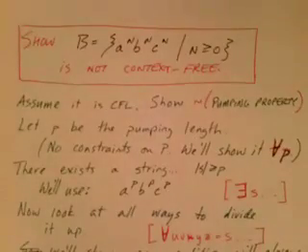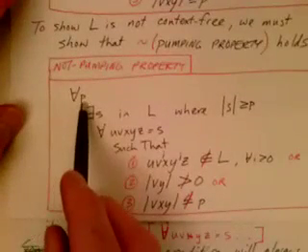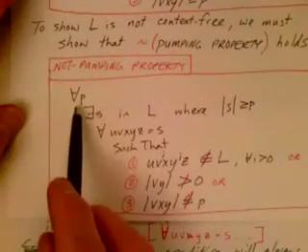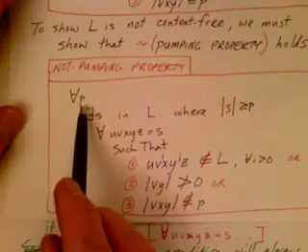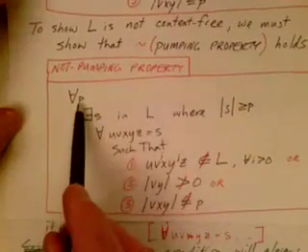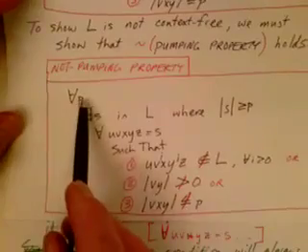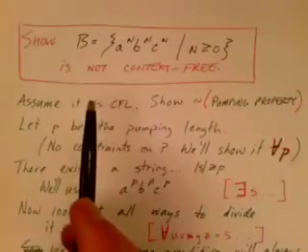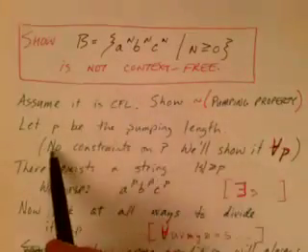So, going back to our logic, to show the pumping property doesn't hold, we say for all P. Okay, we don't know what the pumping length is, so we're going to just assume that it's P. We're going to call it P and not further constrain it, and say for all pumping lengths.